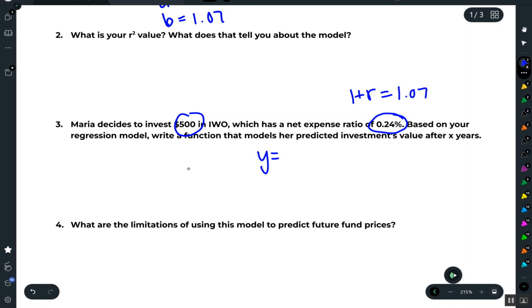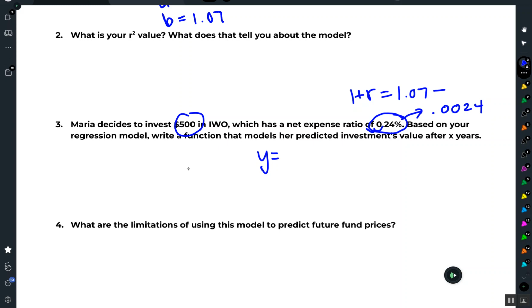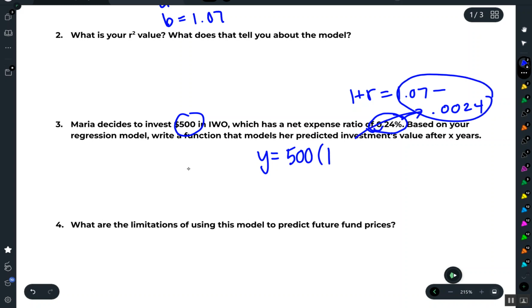You're going to subtract the percentage of 0.24, but we have to change it to a decimal, so we move it to the left: 0.0024. We're going to subtract that from the original that they had. You're also going to put in your initial amount with this new thing. Whatever number you get here is going to be your new number here to the x power.